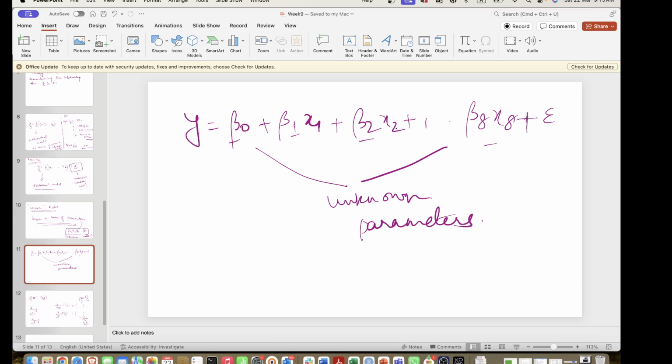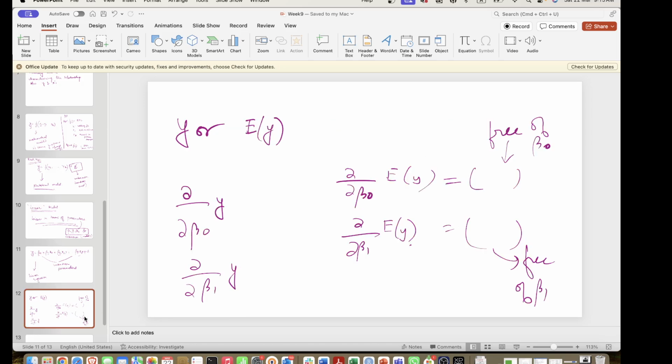So this is actually a linear regression. And we are considering partial derivatives. So whenever we do a partial derivative, we assume that all unknown parameters are constant or known, right?